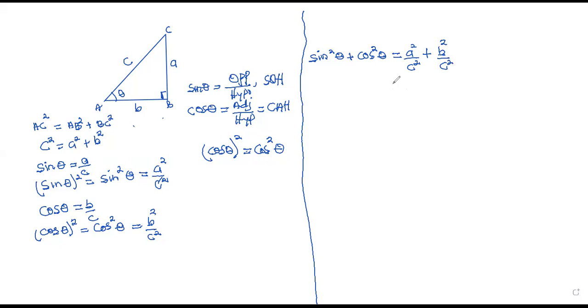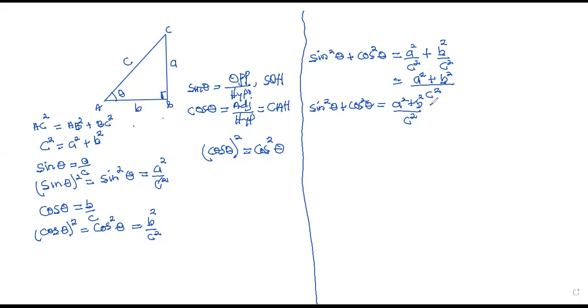Let's simplify. If you take the LCM of the denominator, which will be C squared, we have sine squared theta plus cos squared theta giving us A squared plus B squared all over C squared.